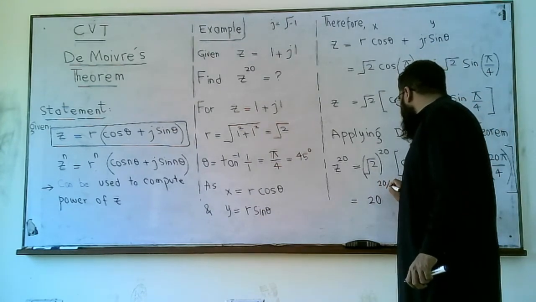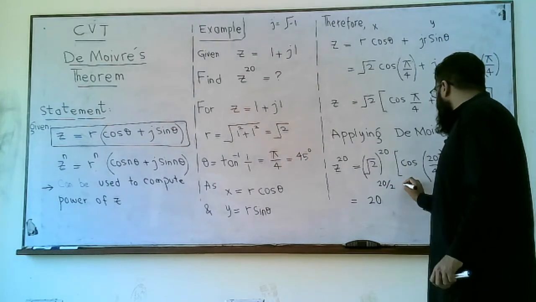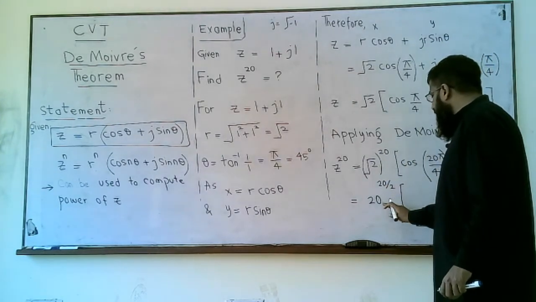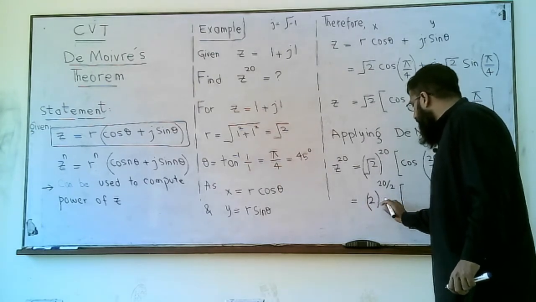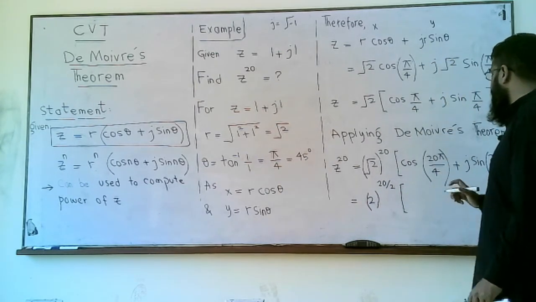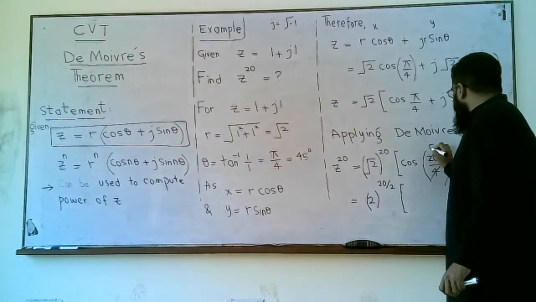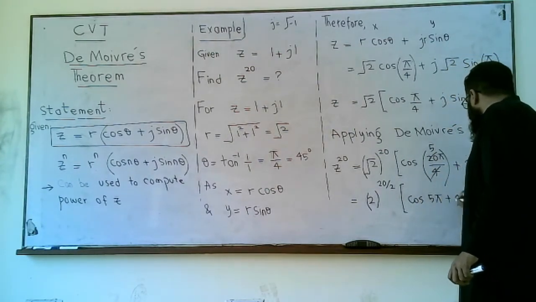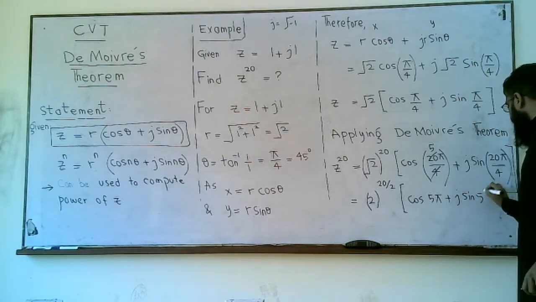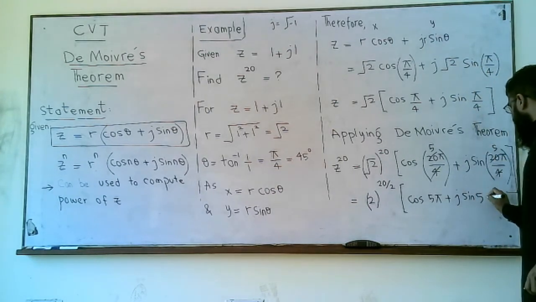So, it can be written as square root of 2 raised to the power 20, that is 2 to the 20 divided by 2, and 4 5s are 20. So, cos 5 pi plus j sine 5 pi.